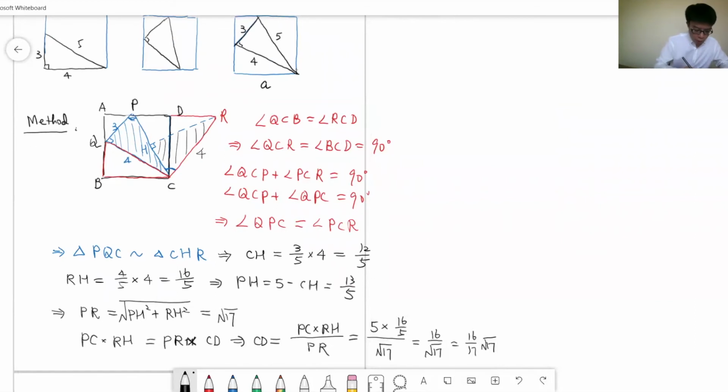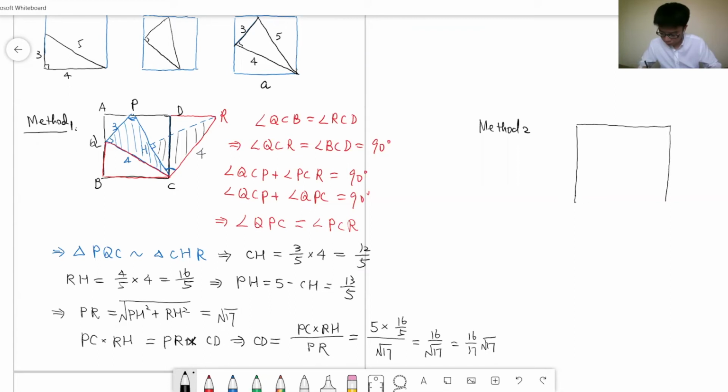Now let me give you another approach. Maybe it's faster. It is by solving equations. That's method 2. Okay, we still use this same picture, but this time we don't rotate. Let's say A, B, C, D. Three, 4, 5. Okay, this is not a good picture.